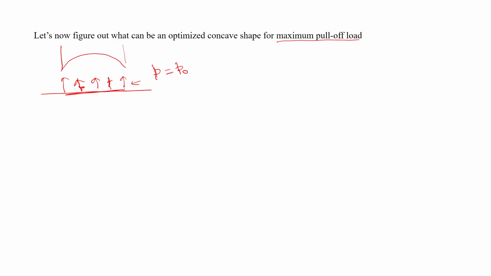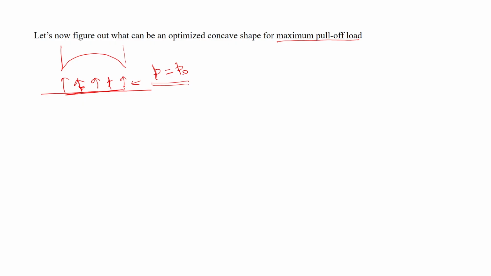That is the best case scenario. In that case there is no stress concentration anywhere, and so it is possible that we will have a situation in which the pull-off load that will be required is maximum.